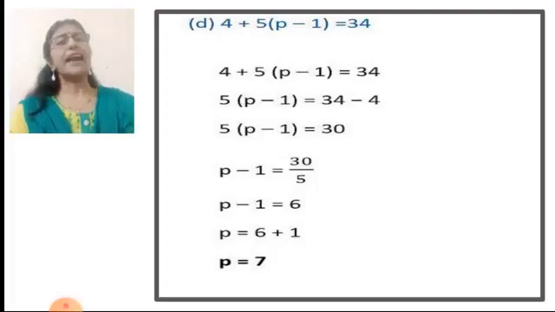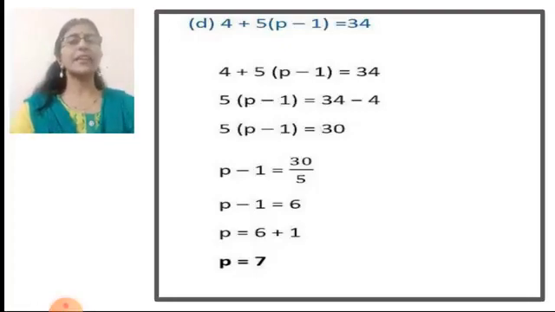Now you can see 5 into p minus 1, and p minus 1 is enclosed in a bracket. Now to remove the bracket, 5 is outside the bracket and it is multiplied. So to remove the bracket, we will have to divide, because here 5 is multiplied. So to remove 5 and the bracket, we have to divide both sides of the equation by 5.